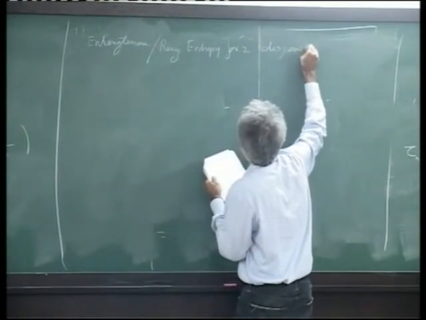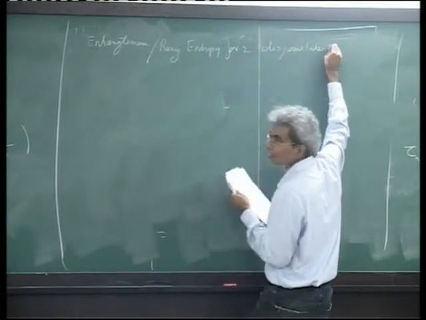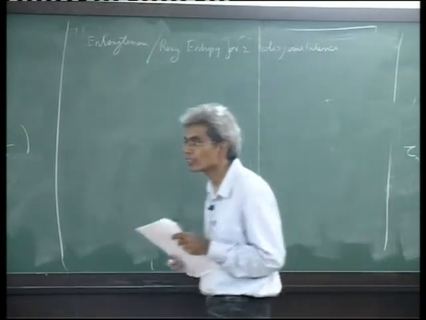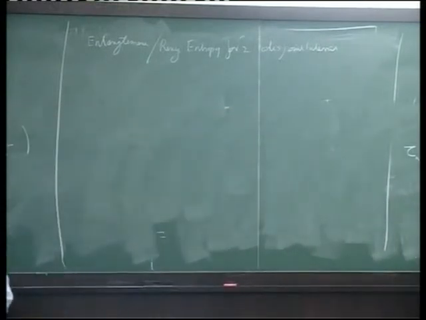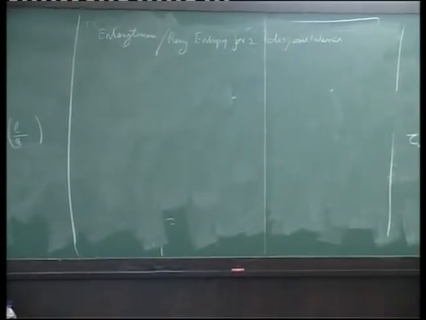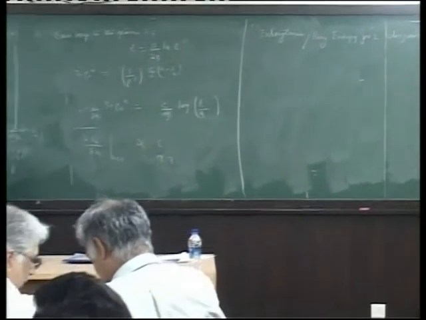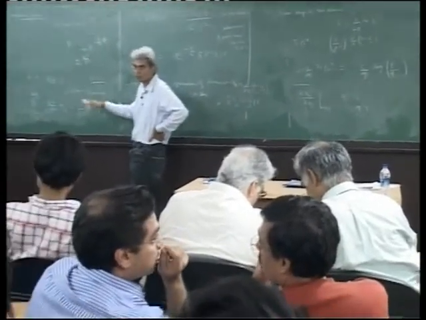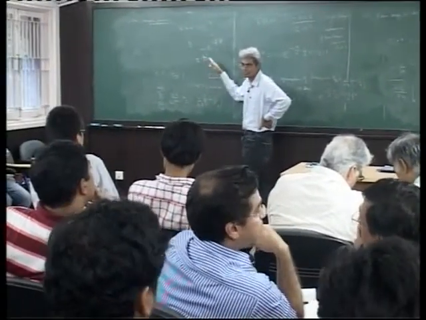Sorry, space is S1. What happens when space is S1? That's the cylinder. You can take the plane and map it to the cylinder. In that case, I need another boundary condition for S1. These things, the weights of the operators, are local information. They don't change.